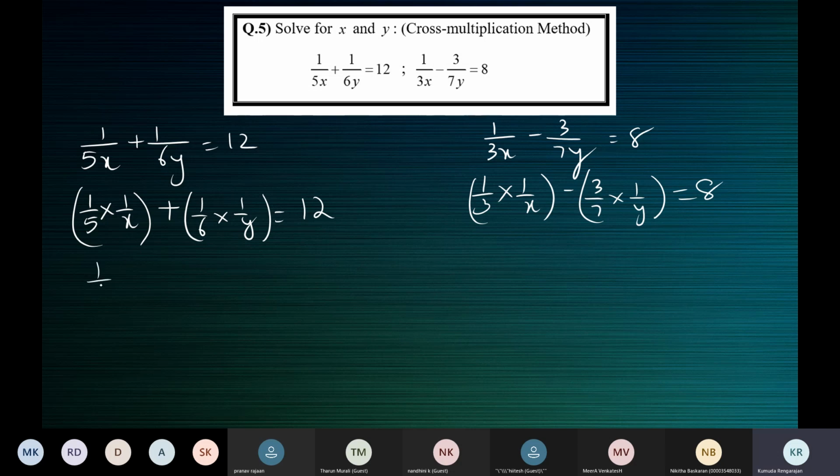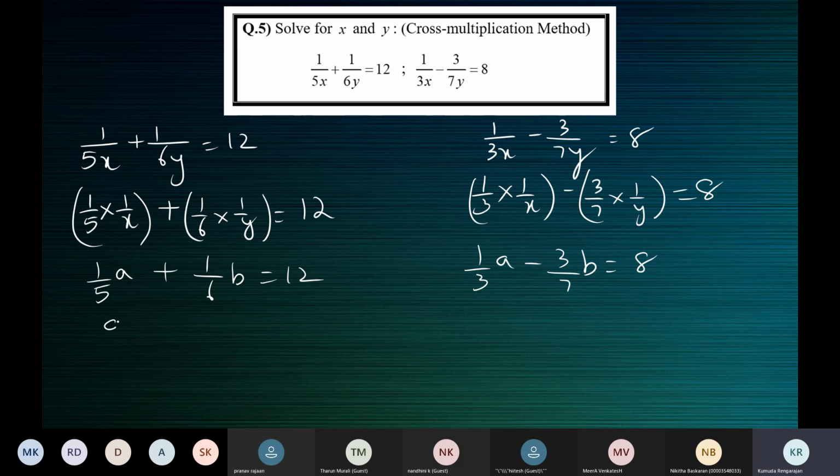So you'll get 1 by 5 a plus 1 by 6 b is equal to 12. And here you have 1 by 3 a minus 3 by 7 b is equal to 8.